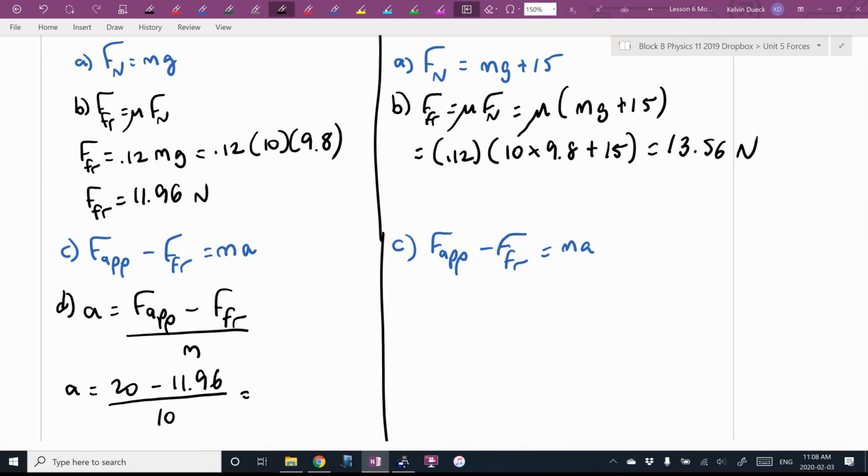Give me some feedback. It's an acceleration. Units? Am I wrong, Alex? Is it 0.824? You're wrong. I did it in my head. I'm right. Dumb calculators.